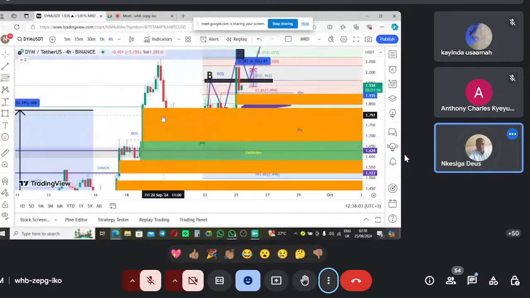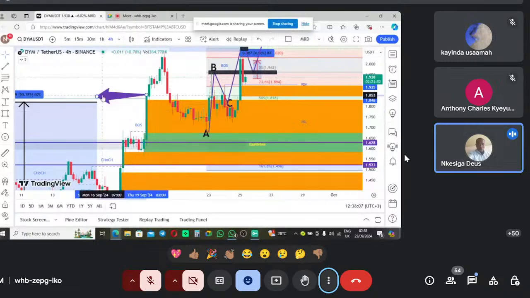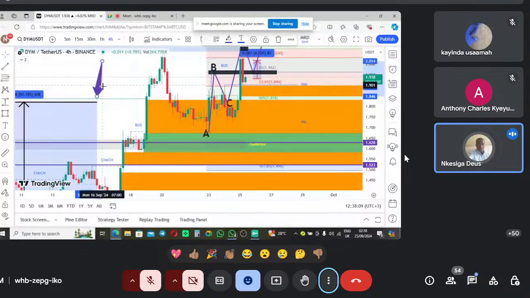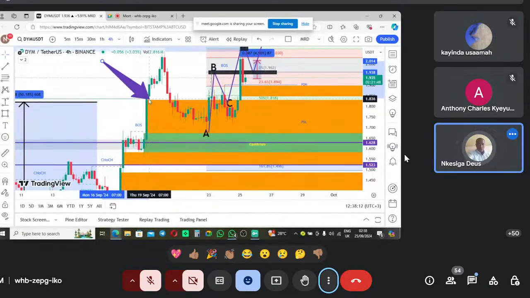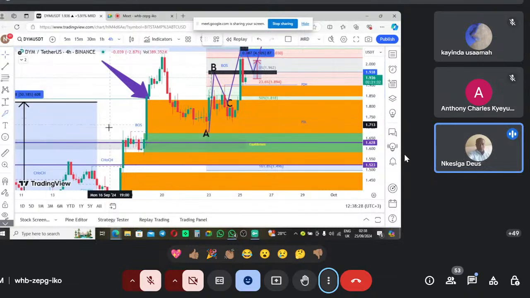For example, when you check on this first fair value gap, let me change. Here, it was constructed. They were comparing this second candle, its close. That's where they put the fair value gap. And again, we can see this fair value gap touching on the first candle down here.